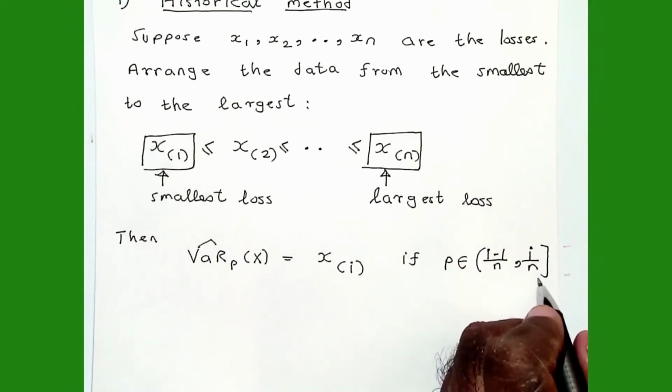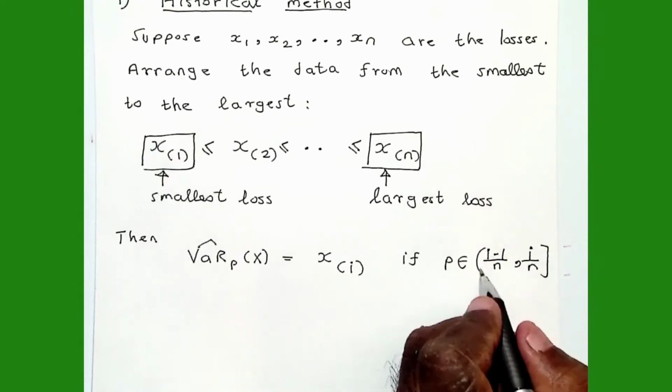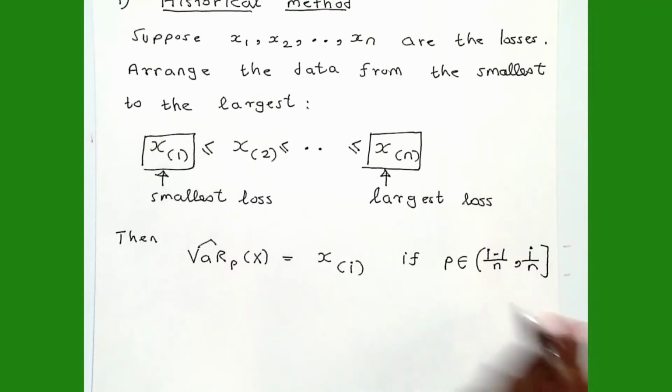So it includes i divided by n but excludes (i minus 1) divided by n.